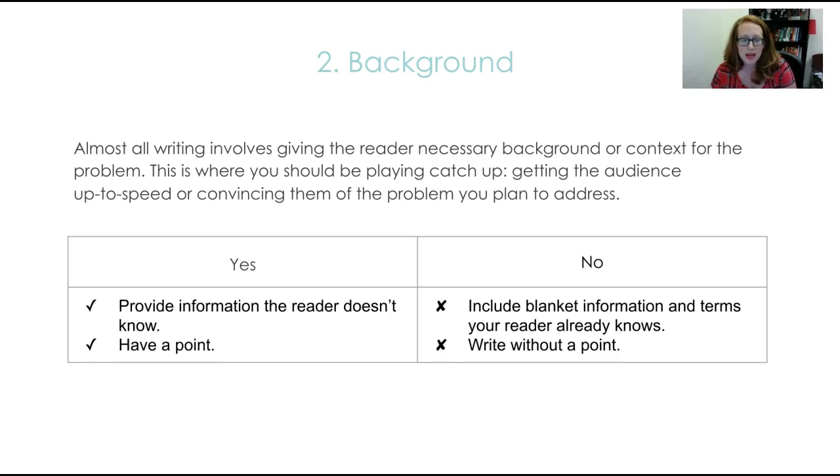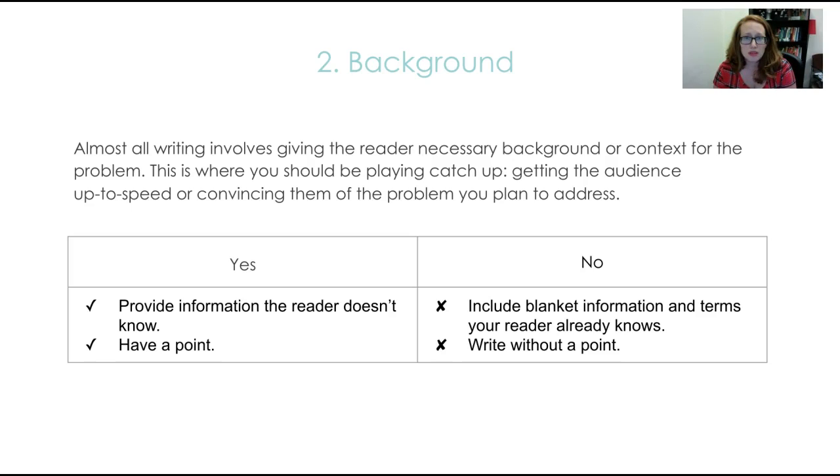The second thing is background. I'm not going to have you write anything necessarily right now, but I do want to make a point, that I think a lot of times when people are writing, there's this assumption that there should just be this background section with this blanket of information, and that's not necessarily true.